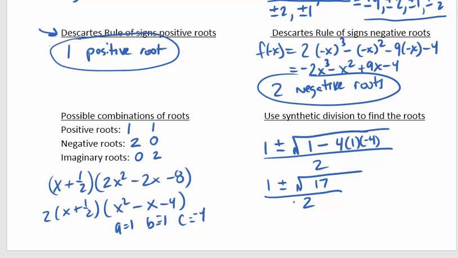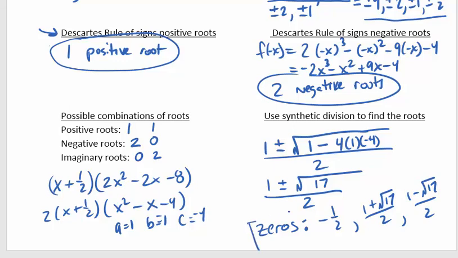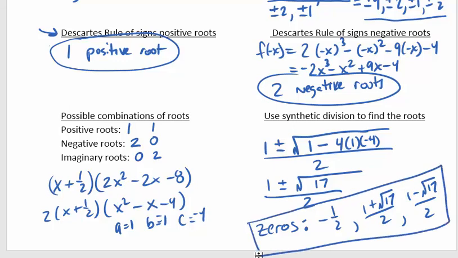So our list of roots is going to be negative 1/2. So our zeros, or you can call them roots, either way. Zeros or roots means the same thing. Is going to be negative 1/2, and then we're going to have 1 plus the square root of 17 over 2, and 1 minus the square root of 17 over 2 for our zeros there.